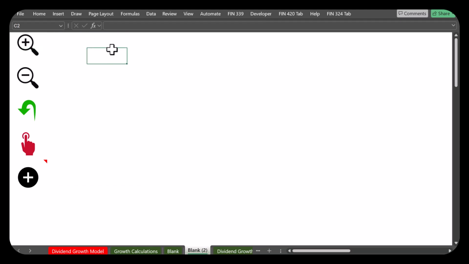So let's do R equals 5%. I'm going to do quite a number of these years.